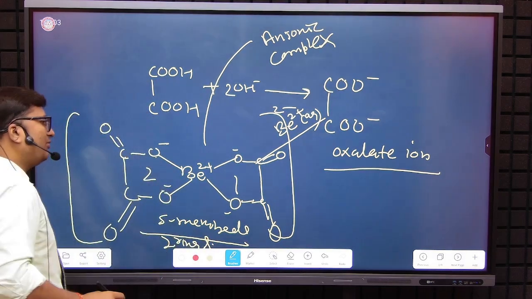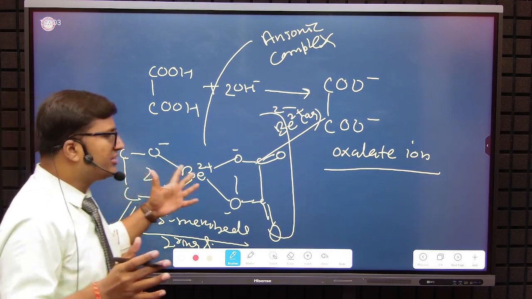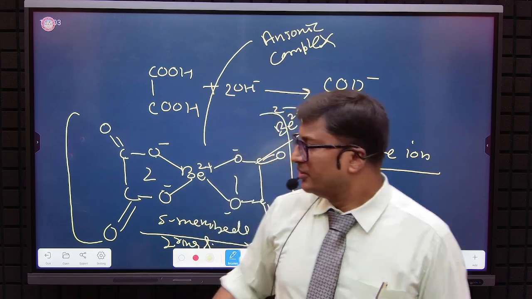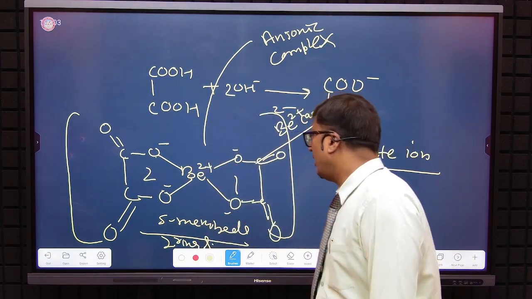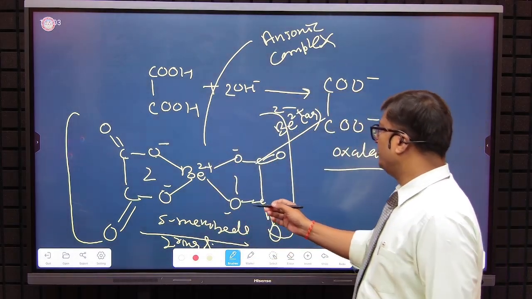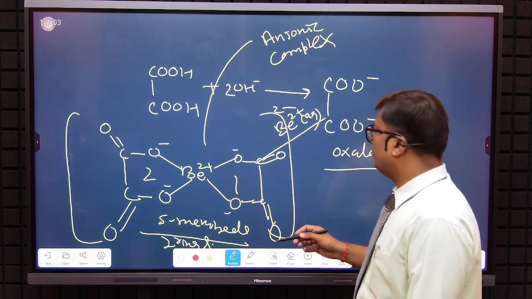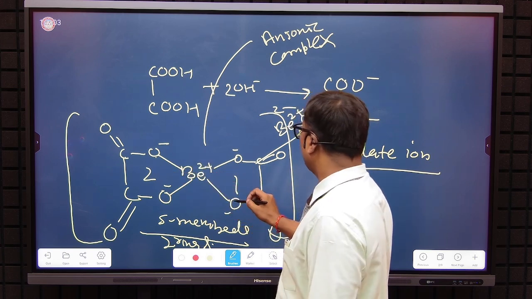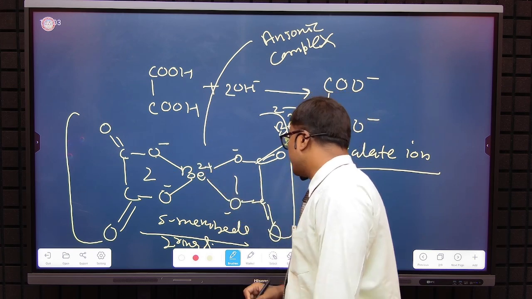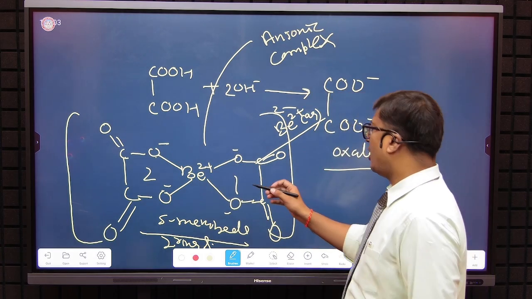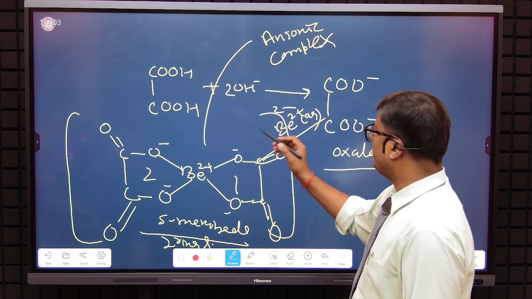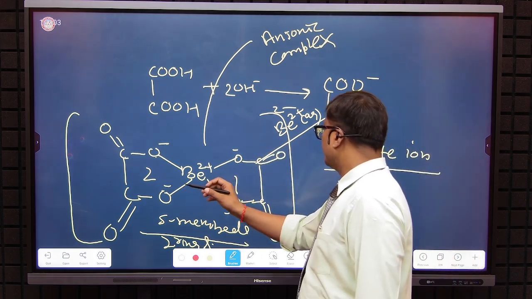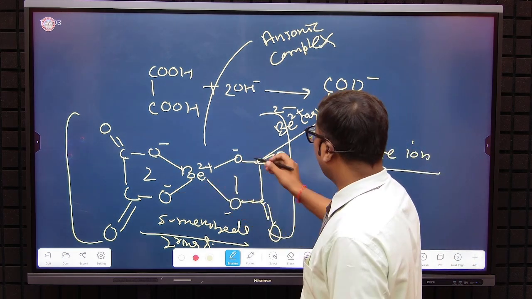Because of the formation of the chelated ring structure, they are highly stable, and not only due to the chelated ring structure, but also a high electrostatic interaction. O minus will interact with beryllium 2+, and beryllium 2+ has high charge density, so an electrostatic coordinate bond, that is, a coordinate covalent bond forms.